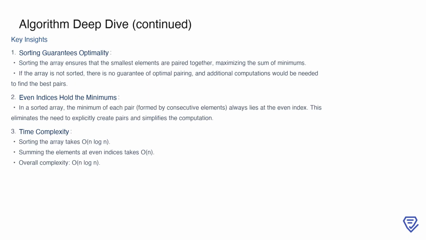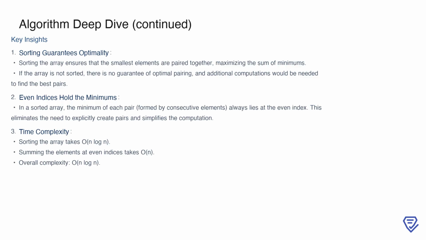There are some key insights that make this algorithm both efficient and effective. First, sorting the array guarantees that the smallest elements are paired together, which ensures that the sum of the minimums is maximized. Without sorting, there's no guarantee that the pairs will be optimal, and additional computations would be needed to determine the best pairs. Second, the minimum value of each pair, when the array is sorted, always lies at the even indices.